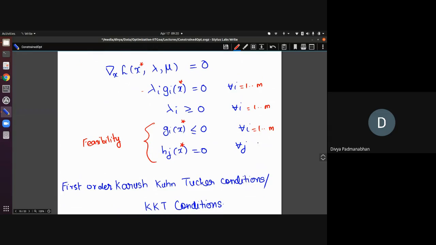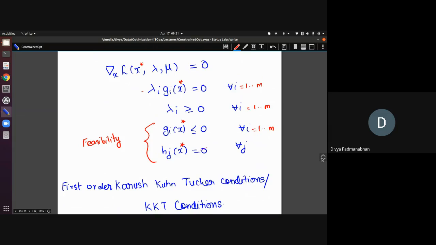It's like in unconstrained optimization, where the gradient of f equals 0 is a necessary condition. If you want to say that some point is not an optimum, then you can use this. You can narrow down your search to the points which satisfy the KKT conditions.